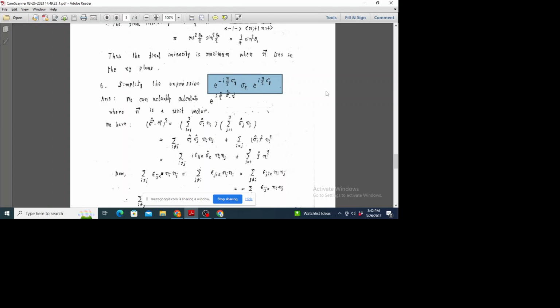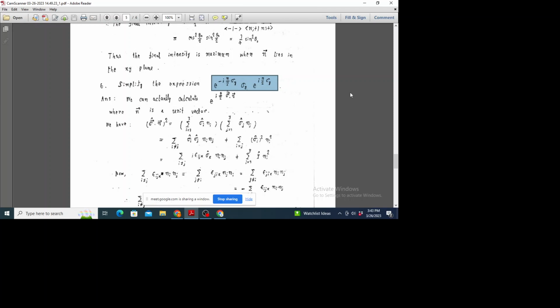So e to the power minus i pi by 2 sigma y is definitely a unitary operator, as you can check. This has the form u dagger sigma z u. So we are unitary transforming sigma z to minus sigma z.